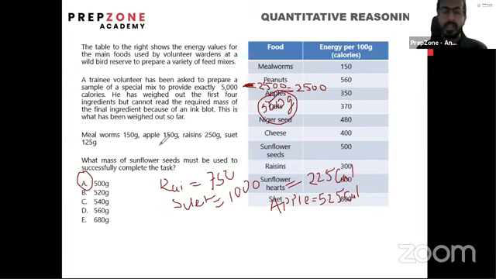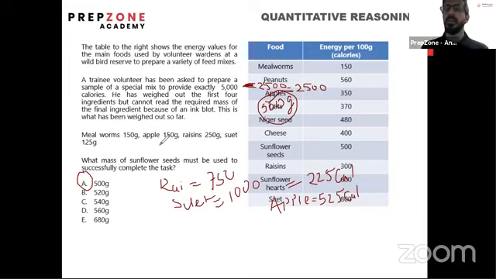When you take the test at the test centers, you will be given laminated sheets, so you don't have to carry rough papers. They'll give you a laminated sheet and a pen, which you can write on the laminated sheet, and then you can do your calculations. But the more time you spend doing the longer methods, the less time you have for the remaining questions.